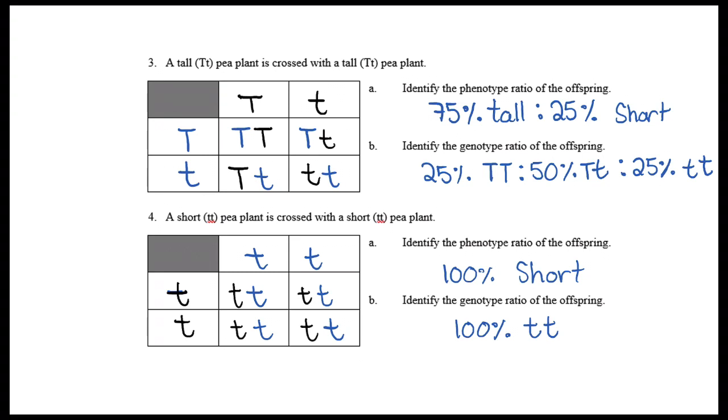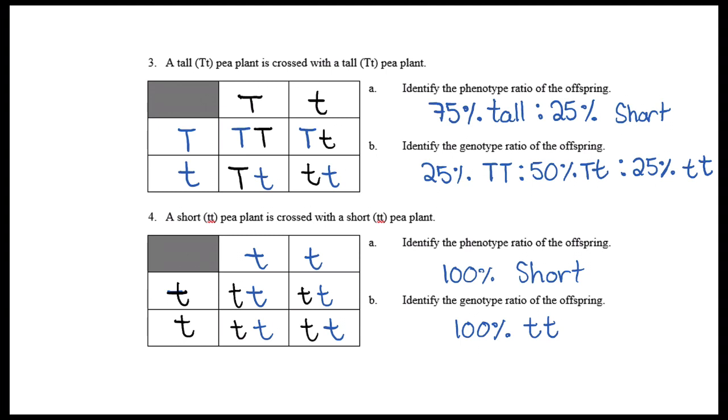So 1 in 4 are short, as that is the recessive trait. This is based on the genotypes. We can see that only one of the 4 individuals, so 25%, is homozygous dominant, TT, both capitals. 50% of them are heterozygous, big T, little t, and 25% are short, which is the recessive trait, little t, little t.